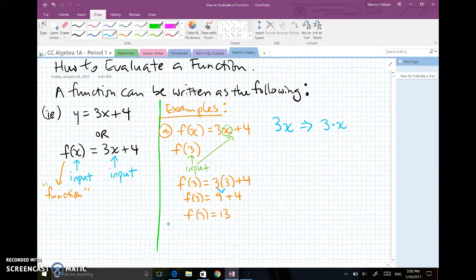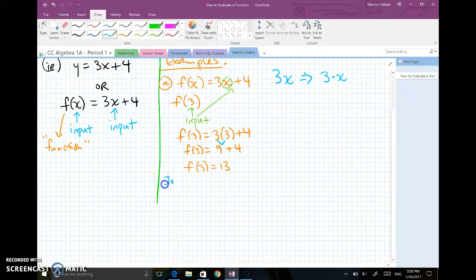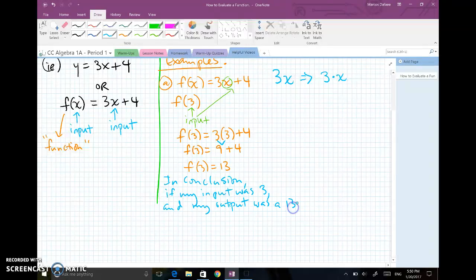So in conclusion, if my input was 3, and my output was a 13, then I can represent this as an ordered pair.